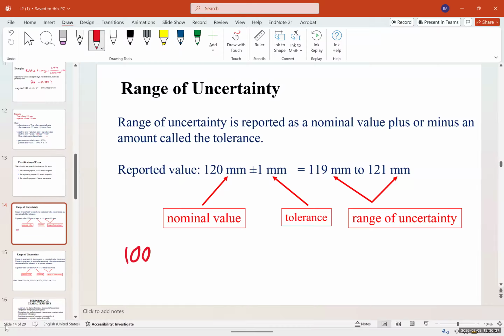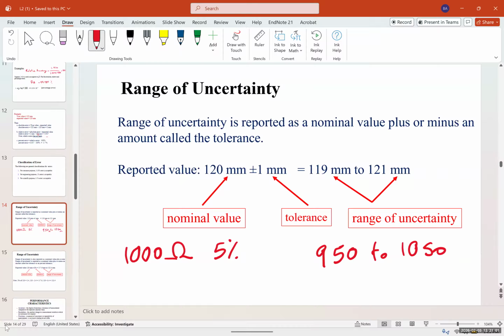Imagine you have a resistor that is 1,000 ohms, and the tolerance is 5%. What is the range of uncertainty for this resistor? 950. Thank you. 1050. Yes, it's between 950 and 1050 ohms.